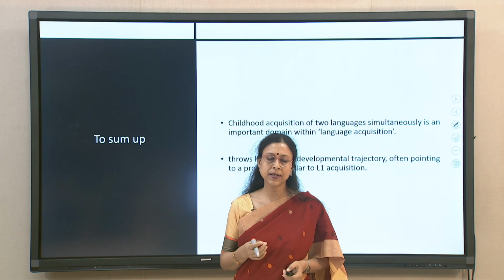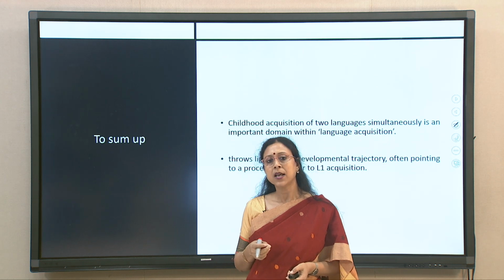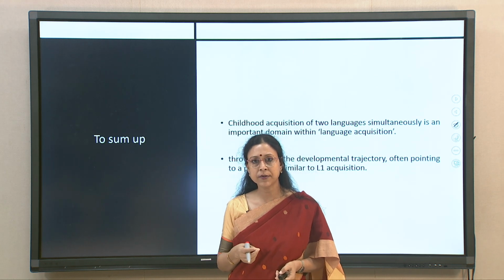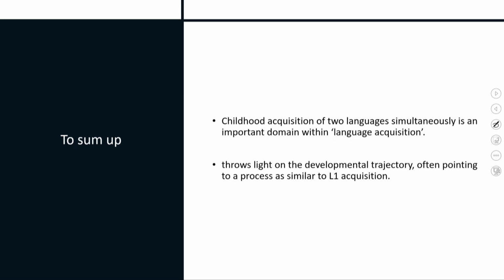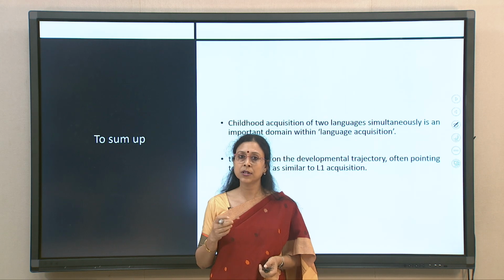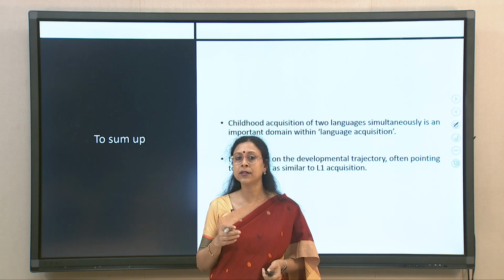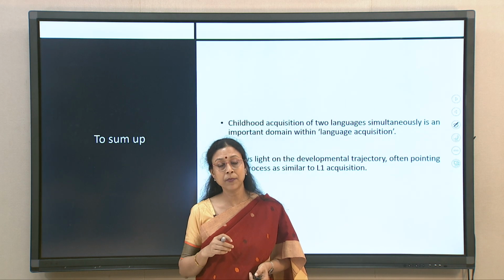So, we can sum up this segment by saying that childhood acquisition of two languages simultaneously is an important domain within language acquisition, and this throws light on the developmental trajectory. There are differences of course, but because both are being learnt at the same time, and if you follow universal grammar, they are both getting acquired when the access to UG is complete.